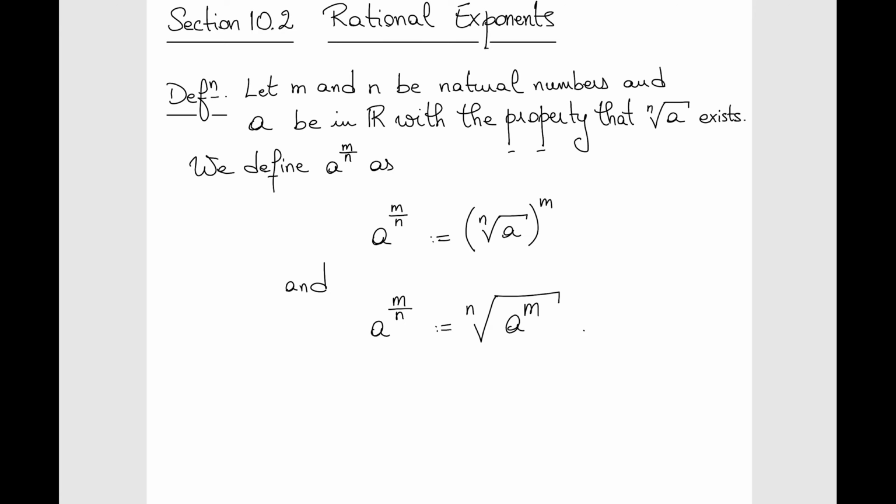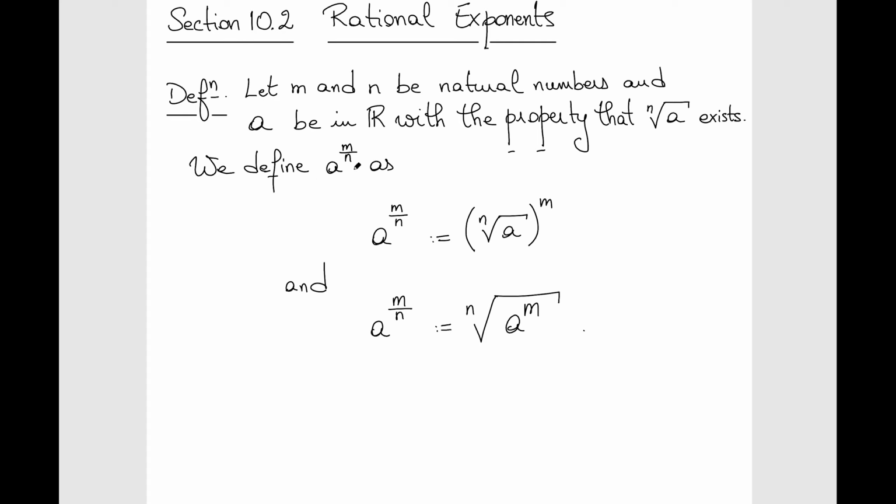Section 10.2, Rational Exponents. Let's start with the following definition. Given two numbers m and n, natural numbers, remember natural numbers means positive integers. So given two positive integer numbers m and n, and suppose that little a is a real number satisfying the following: the nth root of a exists.